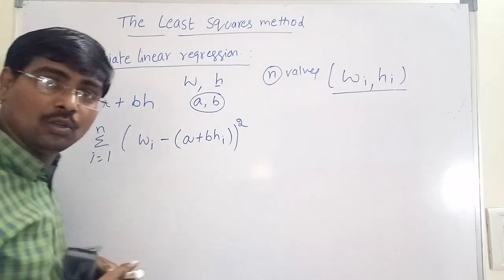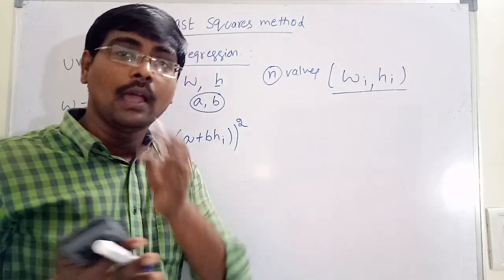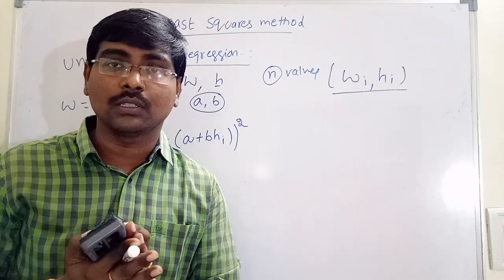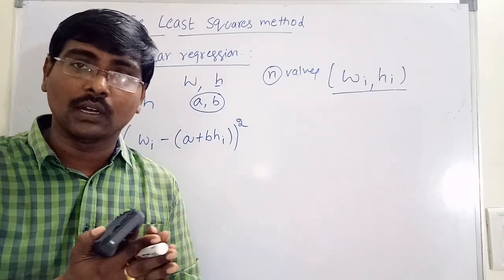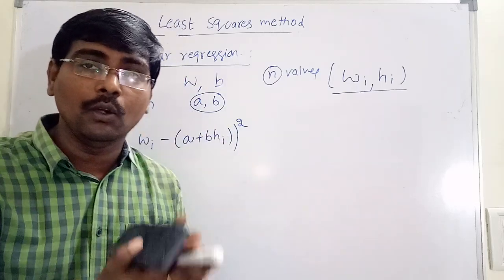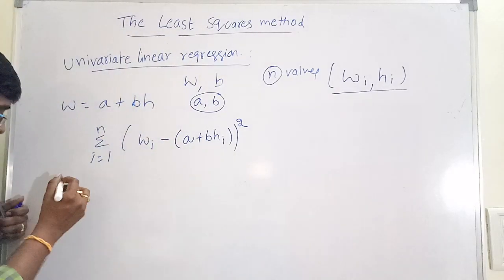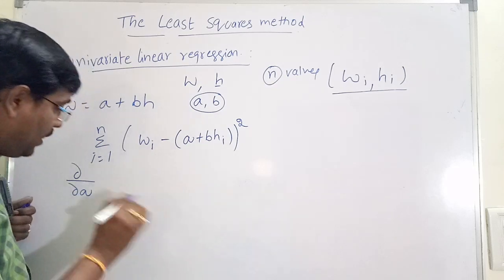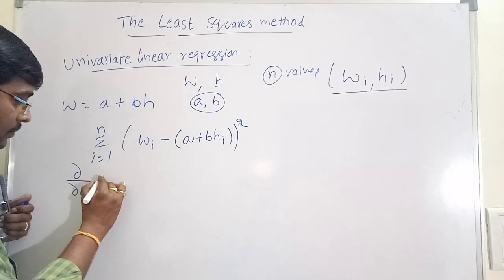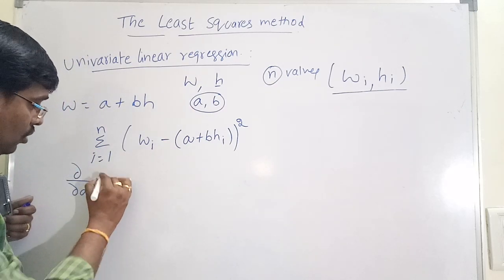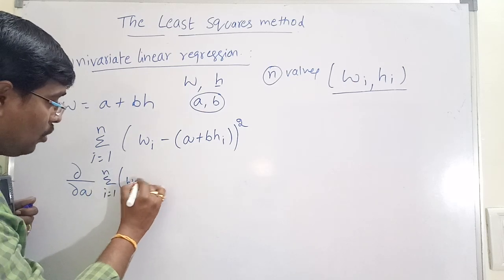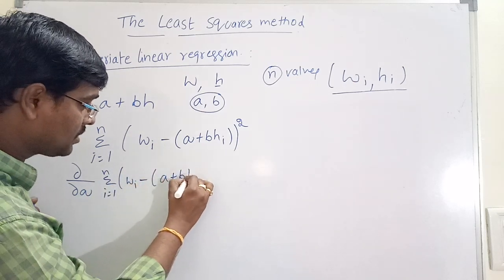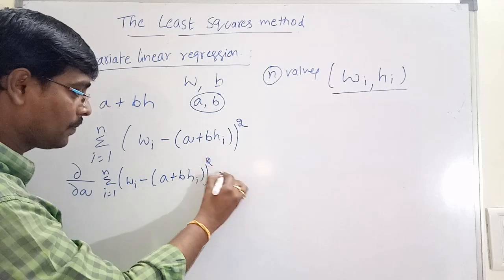To get the solution, I am using partial derivatives. You know the partial derivative concept, dou by dou A, dou by dou B. First I am performing dou by dou A of sigma i equals 1 to n, Wi minus A plus B Hi, whole square.